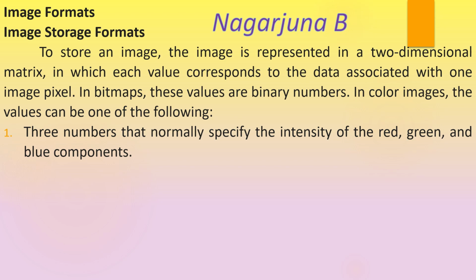Also in case of images, three numbers normally specify the intensity of red, green and blue components.